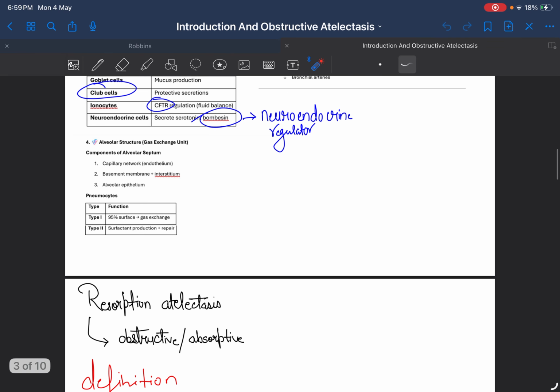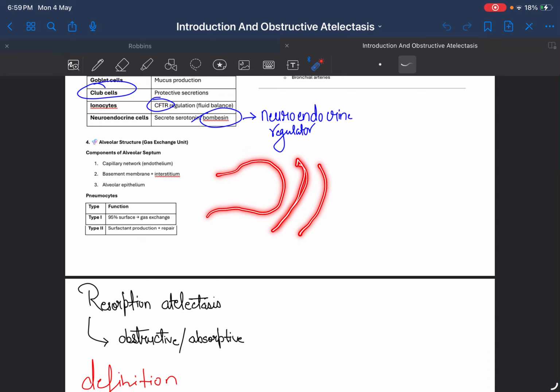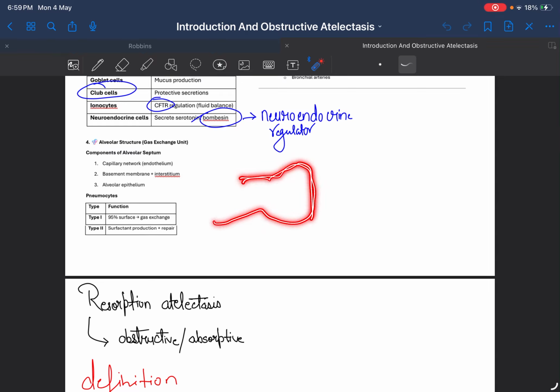Now let's talk about the alveolar structure, which is responsible for gas exchange. The components of the alveolar septum are the capillary network, which is the endothelium, and then the basement membrane. This is the endothelium and the basement membrane of the alveolar structure. And we have the alveolar epithelium.